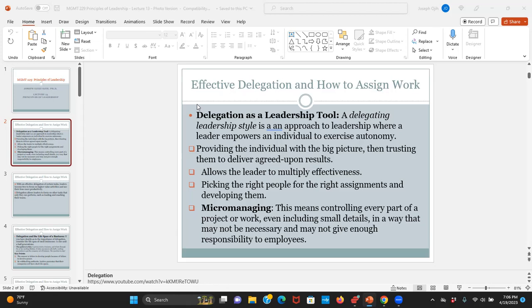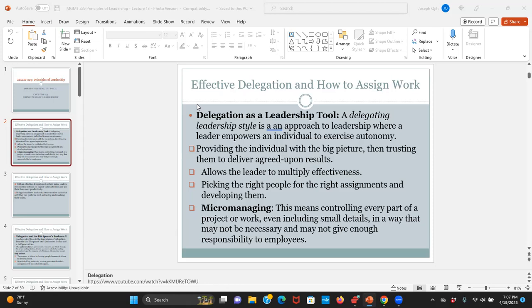So a delegating leadership style is a behavior approach to leadership, whereby a leader empowers an individual to exercise some kind of autonomy. Employing this approach entails providing the individual with the big picture, then trusting them to deliver agreed upon results.